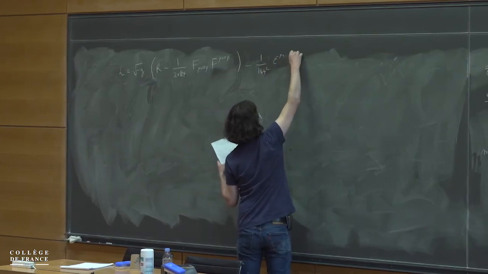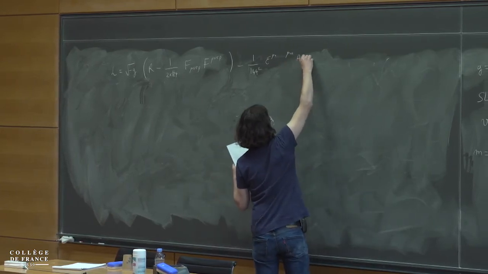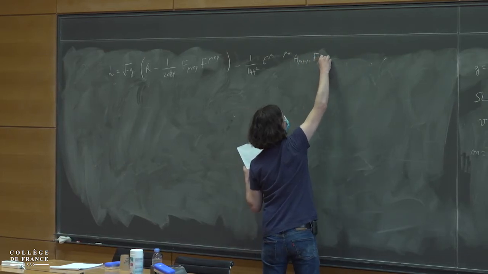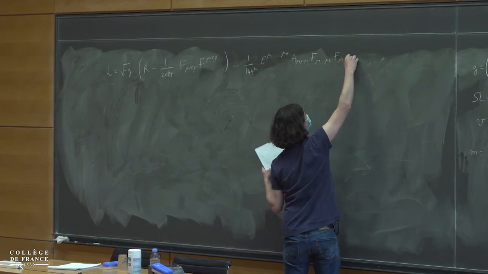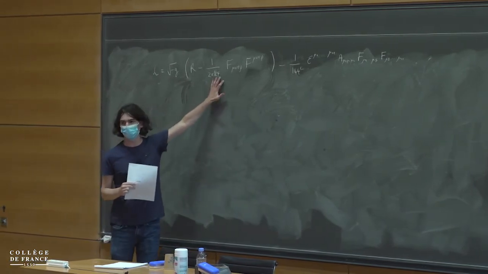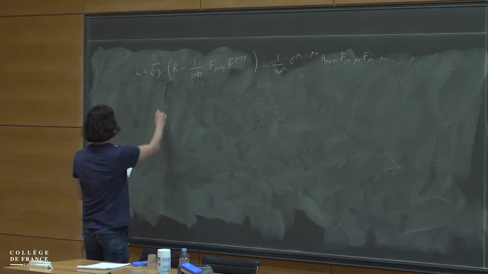So here I just number the indices from 1 to 11: mu1, mu2, mu3, F mu4 all the way to mu7, F mu8 all the way to mu11. Those are the field strengths for the abelian field, just like in the lecture of Marc.